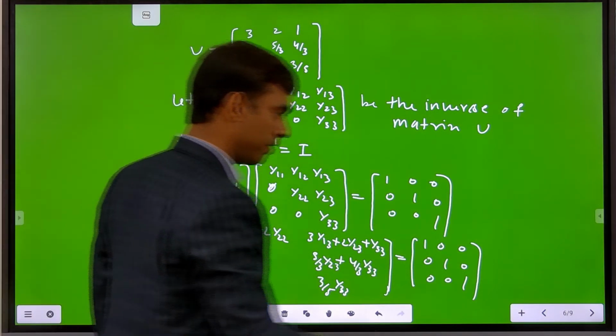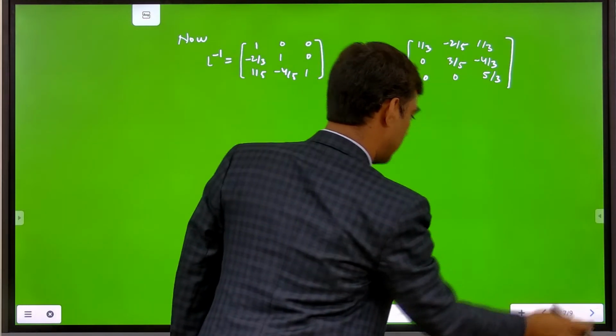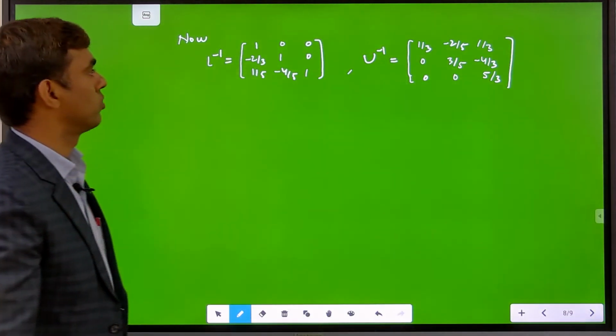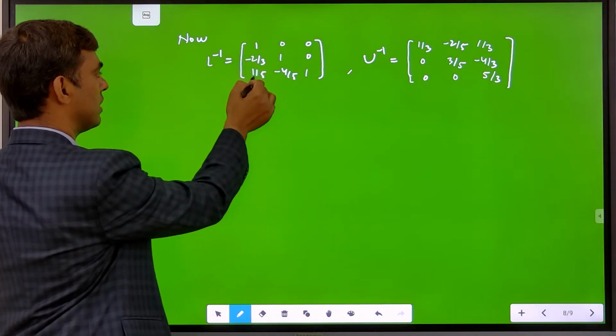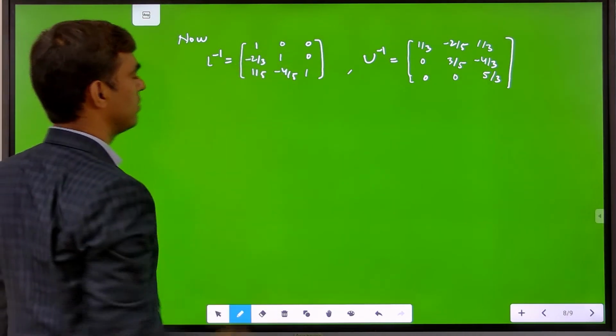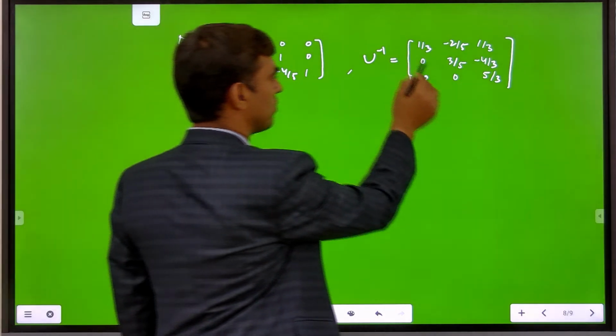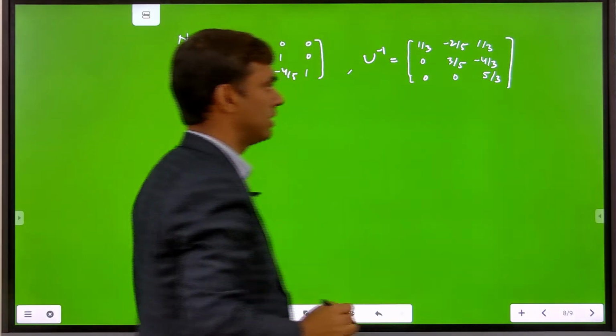Here we have already written the values of L inverse and U inverse. So this is 1, 1, 1, minus 2 by 3, 1 by 4, minus 4 by 5. And this is 1 by 3, 3 by 5 and 5 by 3.